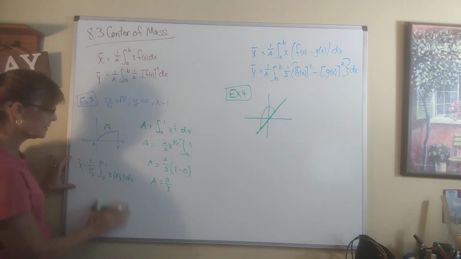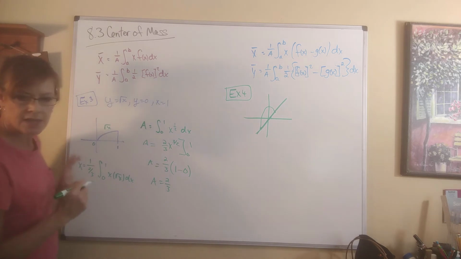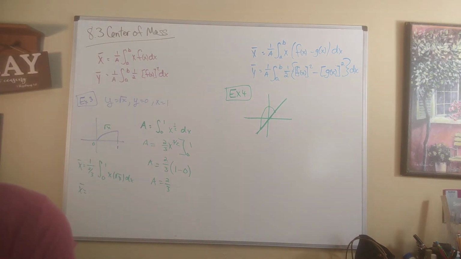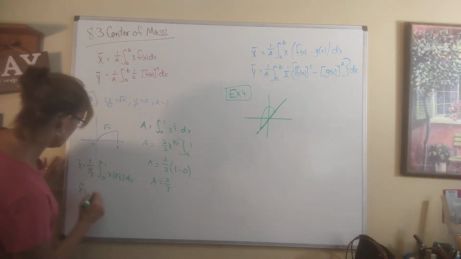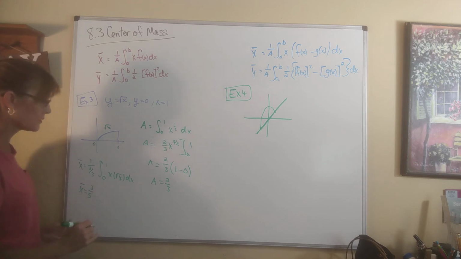This is how we set up finding x bar. This is a very easy integral. x times square root of x is going to be x to the 3/2, and you're going to integrate that. x bar ends up being 3/5. So check your work and do that. This ends up being 3/5.